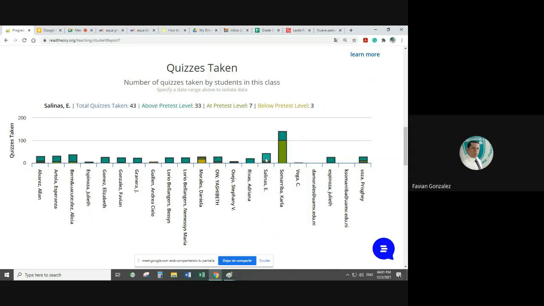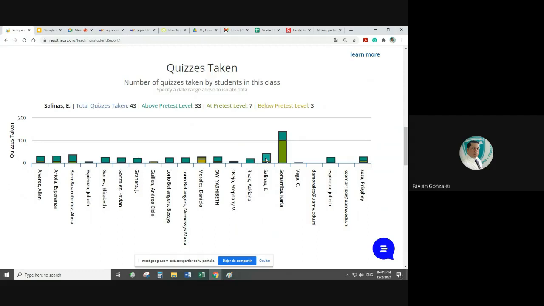In other words, she demonstrated improvement because in 33 passages she read and understood, and therefore she could answer the questions of the passages correctly.